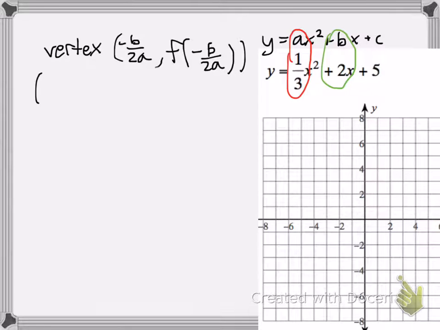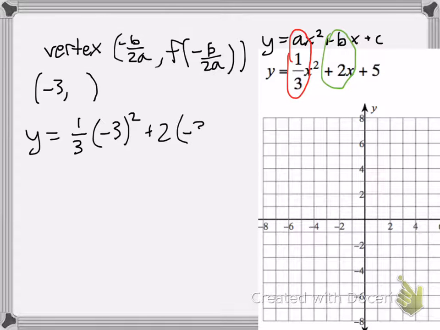So I'm going to have y equals 1/3 times negative 3 squared plus 2 times negative 3 plus 5. Negative 3 squared is positive 9. Negative 3 times positive 2 is going to give me negative 6, and then all plus 5.